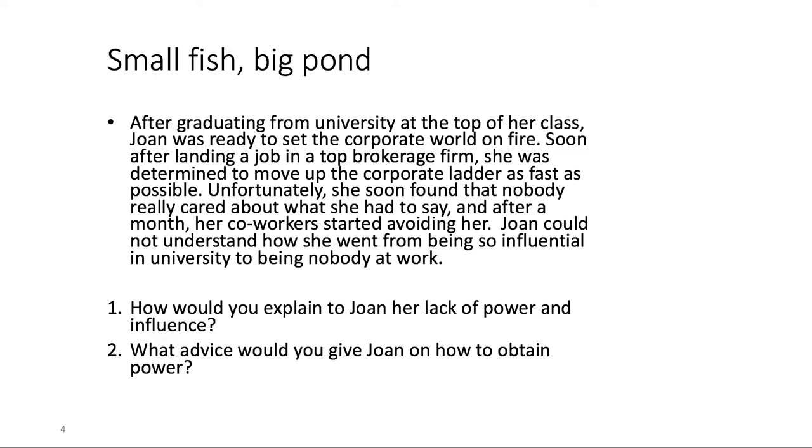Soon after landing a job in a top brokerage firm, she was determined to move up the corporate ladder as fast as possible. Unfortunately, she soon found that nobody really cared about what she had to say, and after a month, her co-workers started avoiding her. Joan could not understand how she went from being so influential in university to being nobody at work.